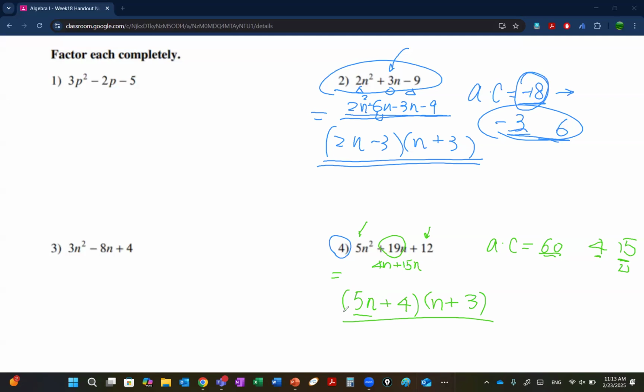So you can think about A times C and factor it. This one breaks down here, so you need to find the sample of 5n, and here 12 comes from here. So you just need to find where these two come from. Where does 15n come from? Where does 4 come from? So you double check it. Make sure you double check it.